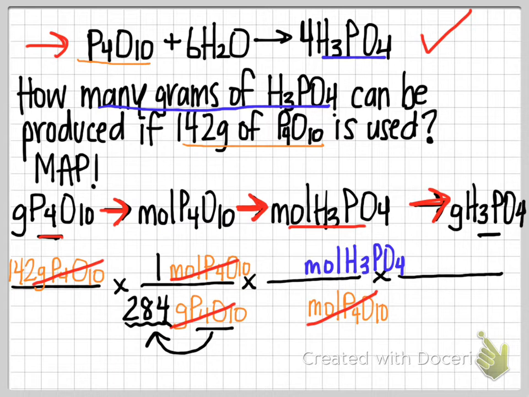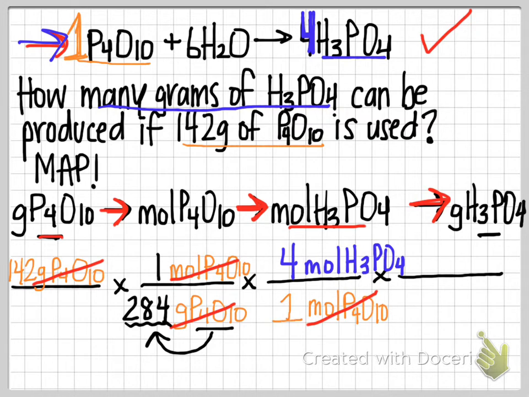How do we figure out what's on top and what's on bottom? If you take a look at your equation up here, you'll see that with 4 moles of H3PO4, you're always going to get 1 mole P4O10 on this side.